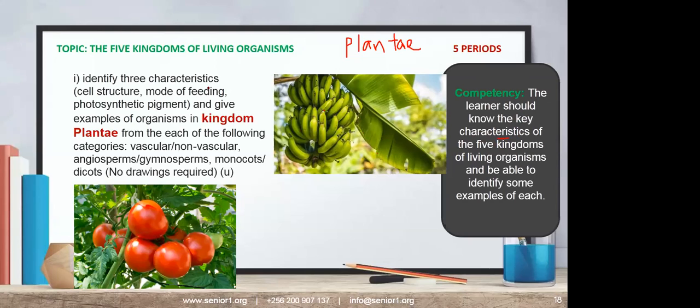So when we are looking at the plant kingdom, we shall see that we have certain categories where we have vascular and non-vascular. This word vascular comes from vessel.